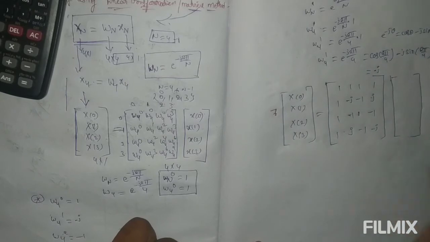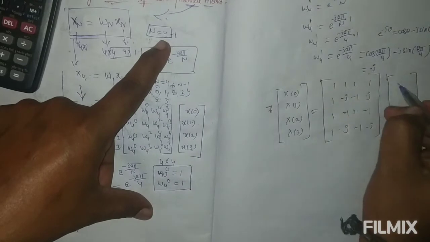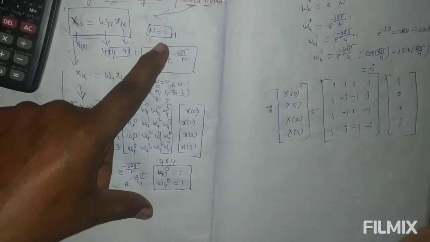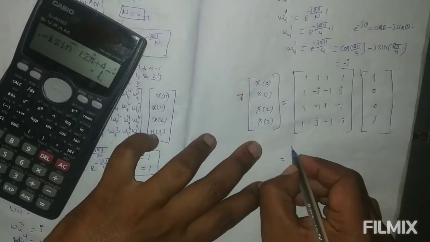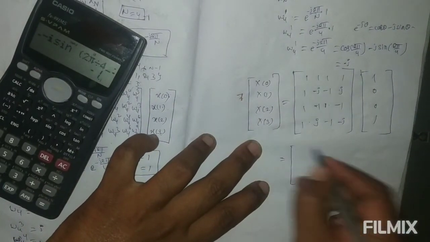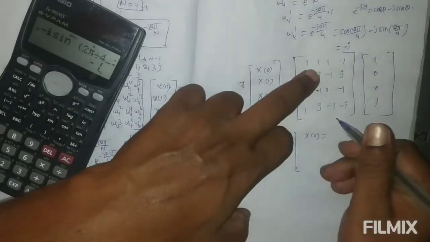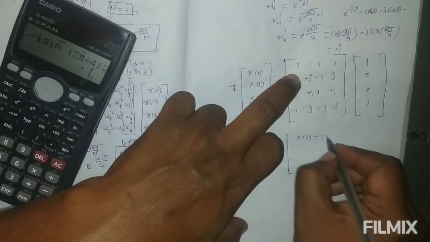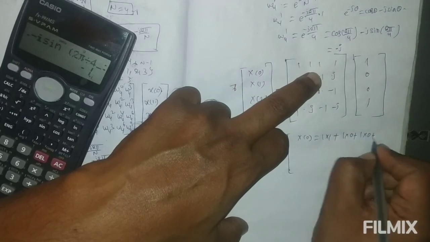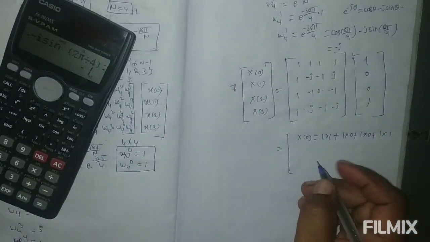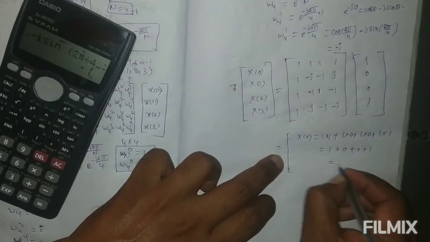We know that x of 0, x of 1, x of 2, x of 3 equal to 1, 0, 0, 1. Using matrix multiplication, capital X of 0 equal to 1 into 1 plus 1 into 0 plus 1 into 0 plus 1 into 1, equal to 1 plus 0 plus 0 plus 1, therefore 2.